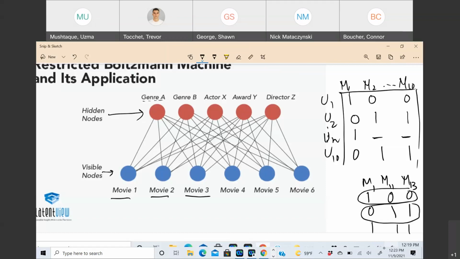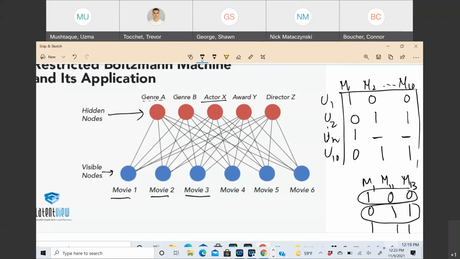Maybe that's also happening, right? And if they dislike this one, they always dislike the other two. So there is again some kind of relationship, and maybe the actors are the same in all the movies. When they like the movie, the actor is the same. When they dislike, that actor is not there in the movie. So my network is going to learn that relationship, not exactly based on the actor's name or something, but the implicit relationship that exists.